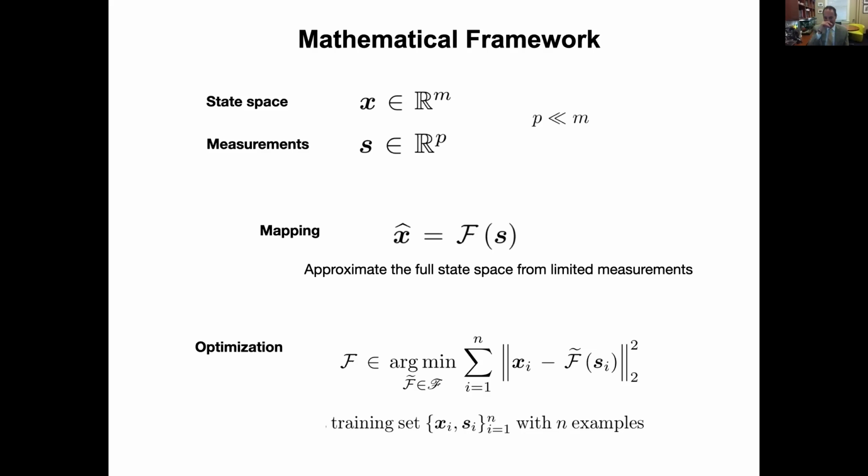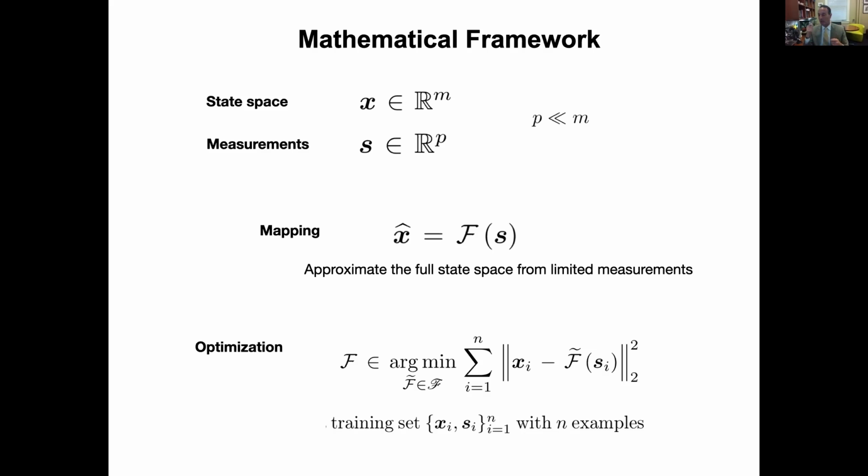There it is. I want to find F such that if I look at the data, each of the n data points, right? I have some training data. I want to learn an F so that if I have a data point X of i, it matches my F, which maps to my sensor S of i.